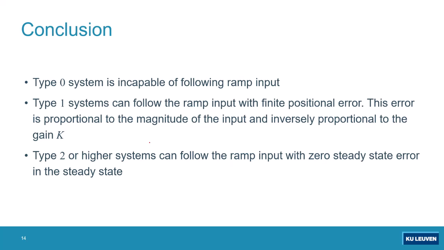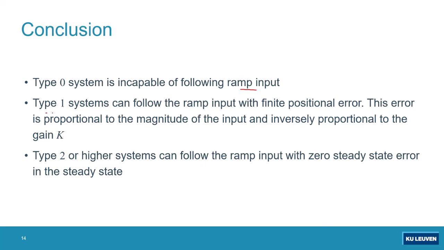So if you have a unity feedback system that is considered a type 0 system, meaning that we don't have a pole that is equal to 0 in the denominator of the open loop transfer function, and you give a ramp input to it, the output will not be able to follow the ramp input. The output will behave something different than the ramp input.